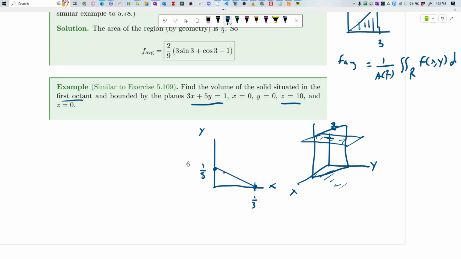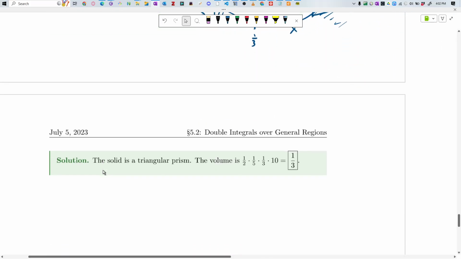And so the point is that the solid that is being described looks like a triangle, but then has an extra z dimension to it. So this is a triangular prism, which is what I specified here.